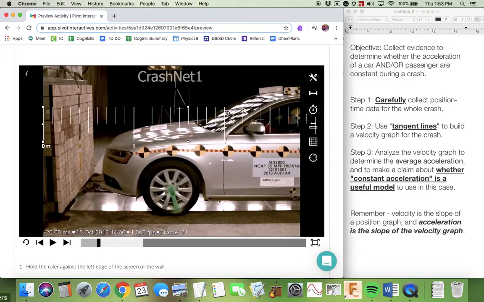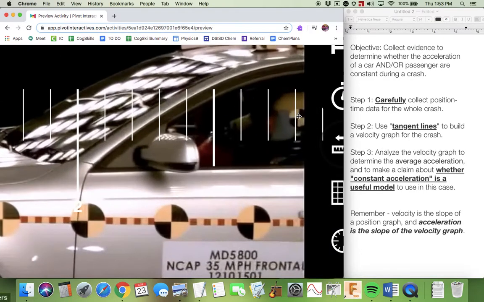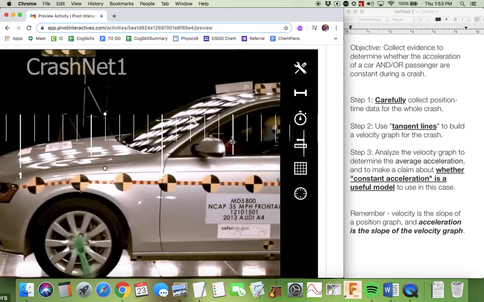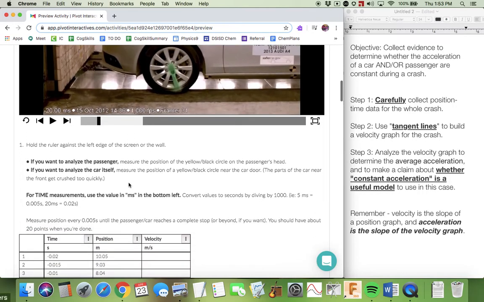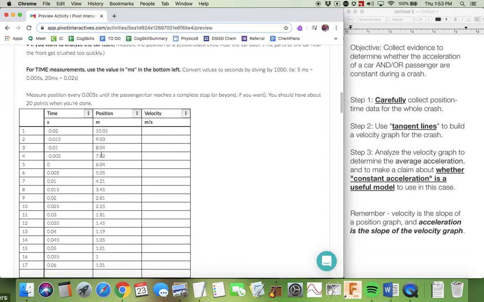I shouldn't just write down 2.567. I want to try to do better than that. Maybe that's 2.71. Maybe I decide it's 2.72, but I want to get 2 decimal places on that, like measure to the nearest centimeter, even if you're not sure, because it's going to make your position data a lot clearer.